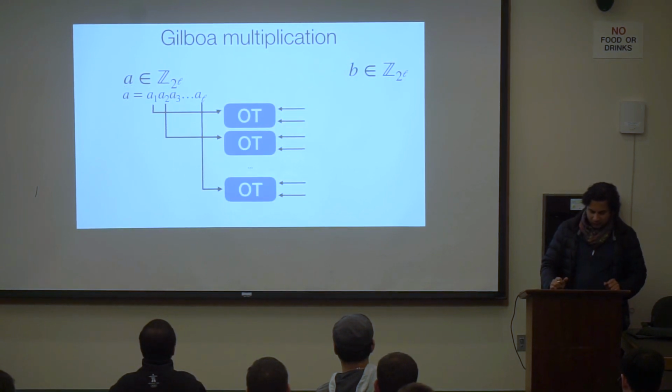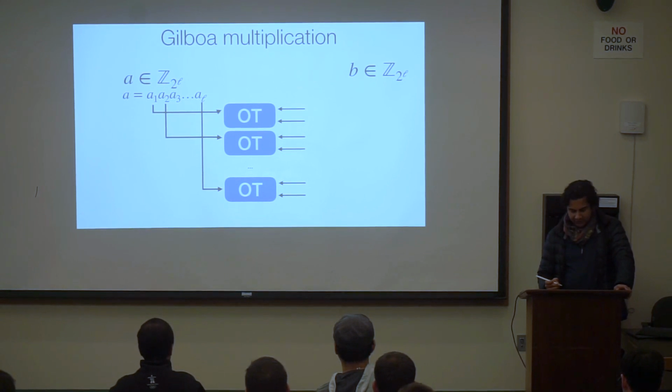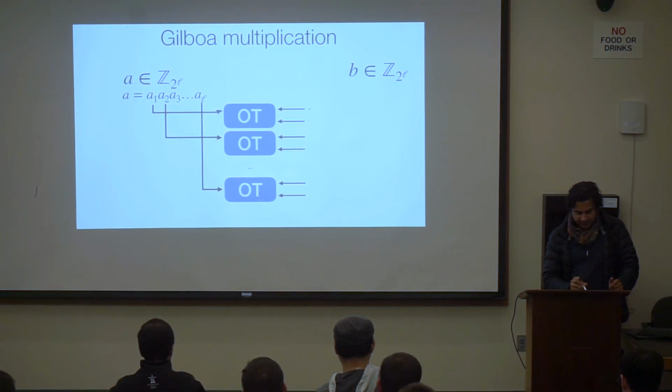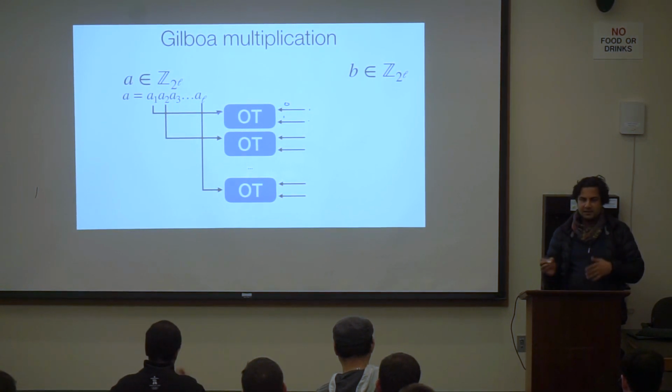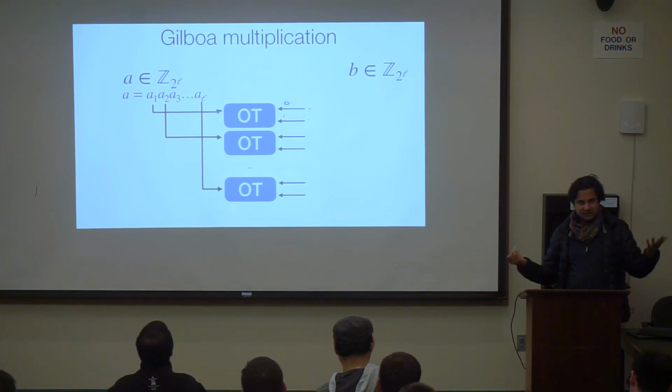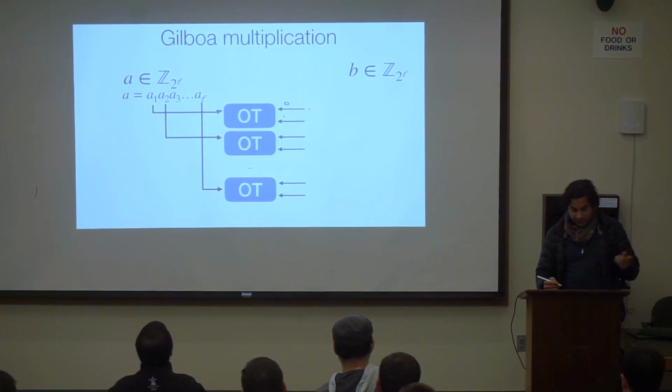And what Gilboa is going to do is to build this out of 1-out-of-2 OT. Remember oblivious transfer: one party has 2 inputs, the other party has a single bit, and if I put 0, I get the 0 input. If I put 1 as my input, I get the 1 input, and with the standard security properties, you only get 1, and the other party doesn't know which one you picked.